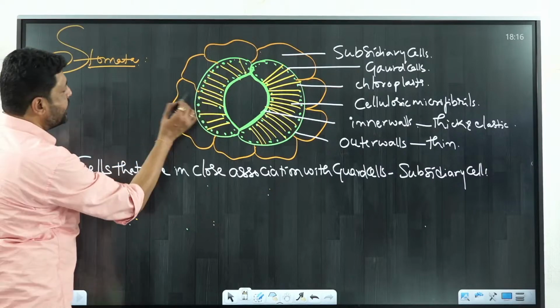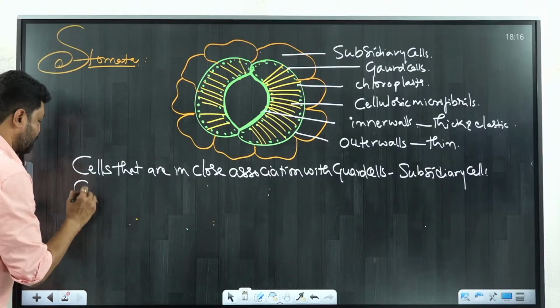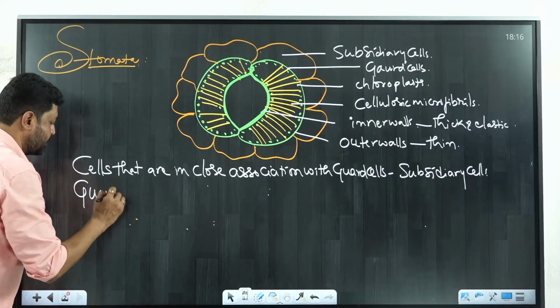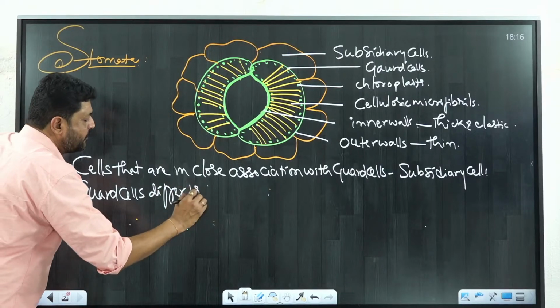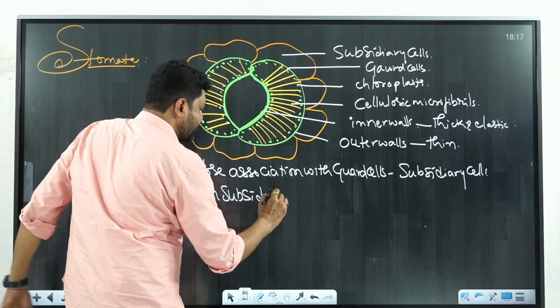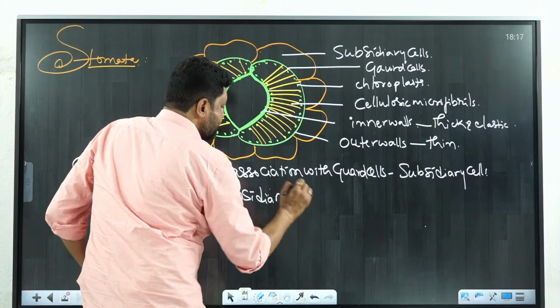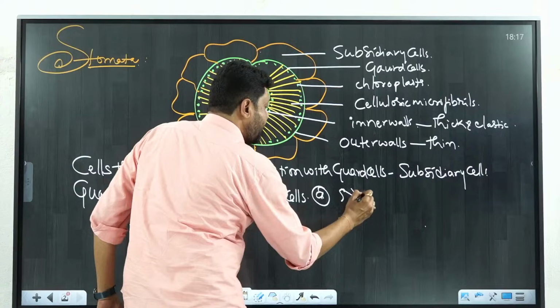So now the guard cells and subsidiary cells. Can you see this? They differ from each other. Guard cells differ from subsidiary cells. A. Number.